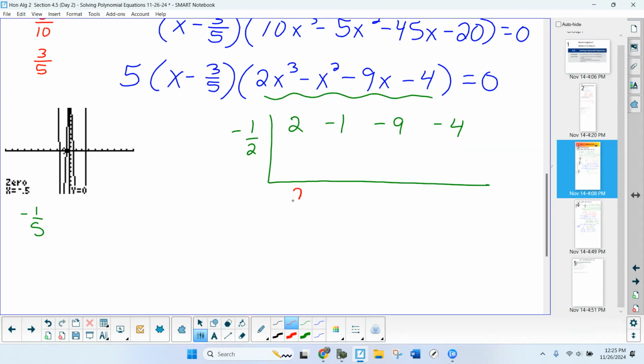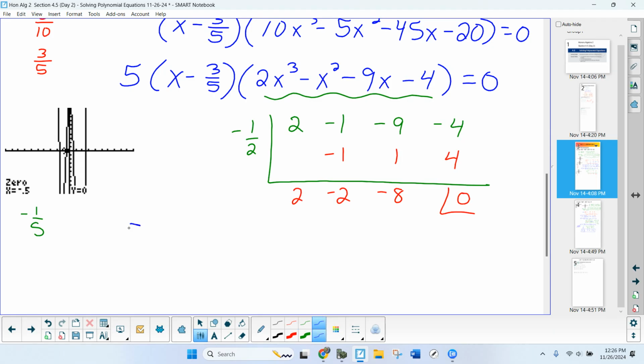So pull down the 2. What's negative 1/2 times 2? Negative 1. Add. Multiply. 1. Add. Negative 8. Multiply. Add. Okay.